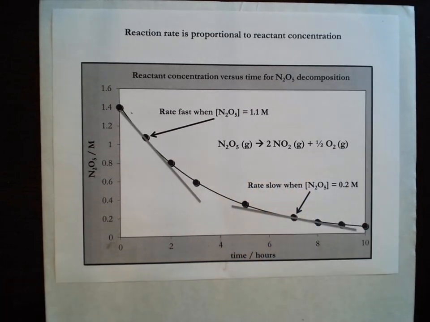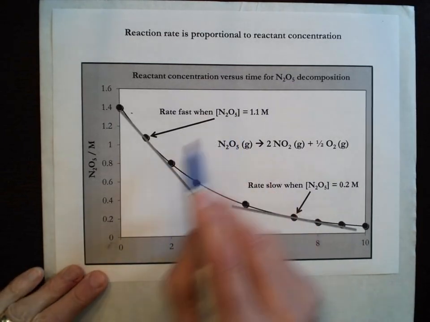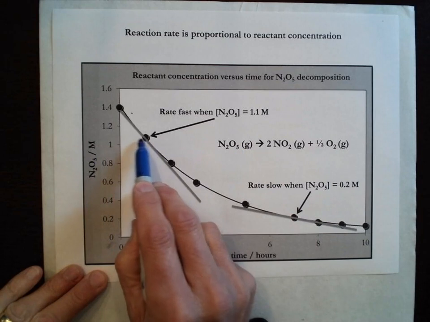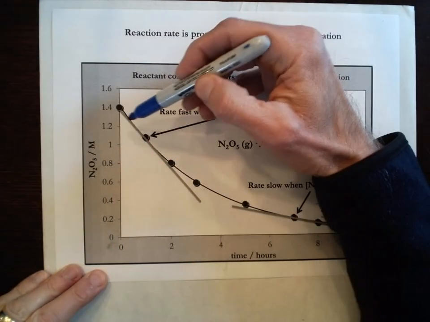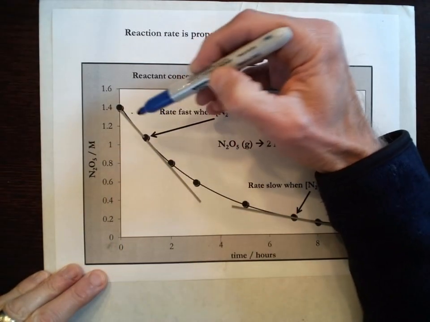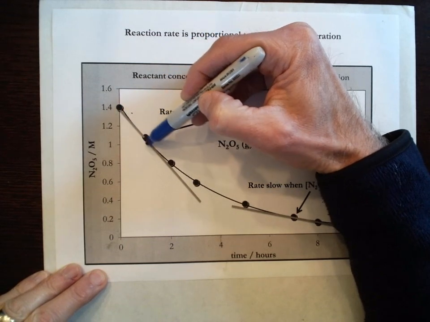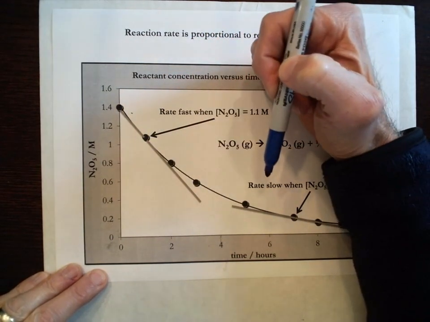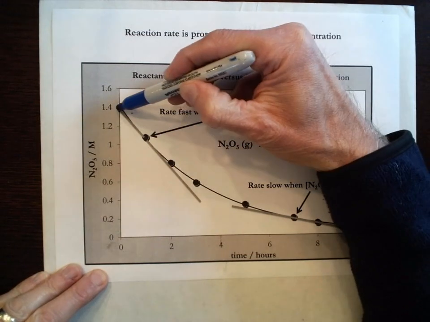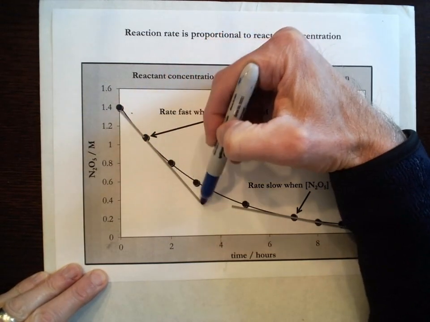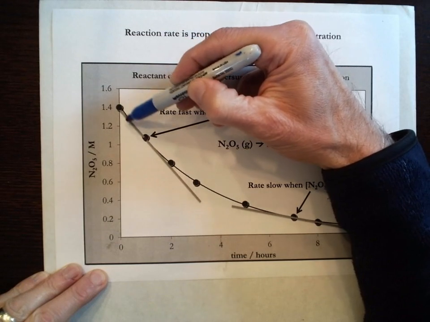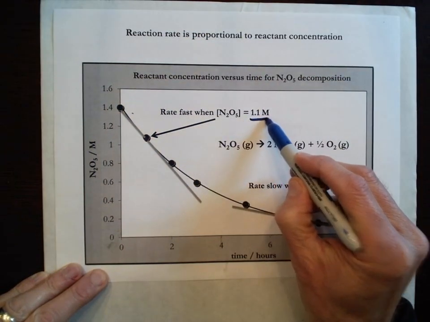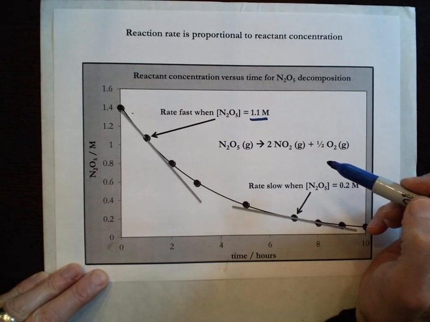And what we see is at the beginning of the reaction, when our concentration of N2O5 is about 1.1 molar, if we want to know the instantaneous rate at this point, we'll look at the slope of this line that's drawn just tangent to this particular point at 1.1. We see that the slope of this line is fairly steep, and that tells us that the rate is fairly fast when the concentration of N2O5 is 1.1 molar.